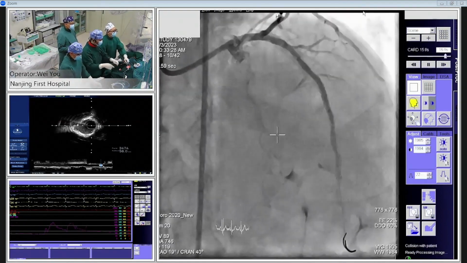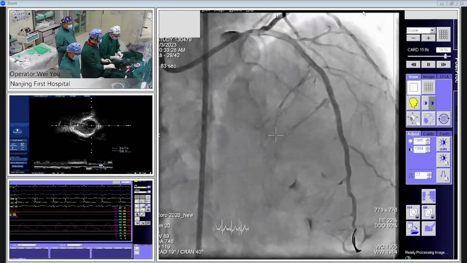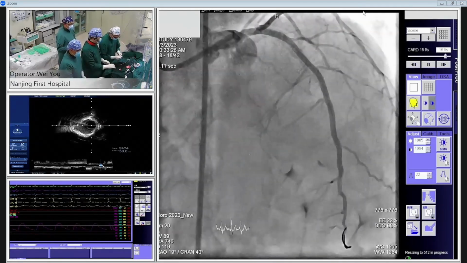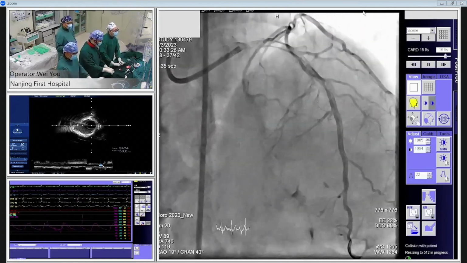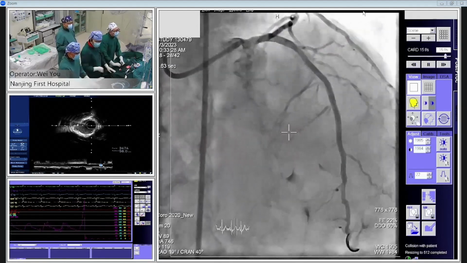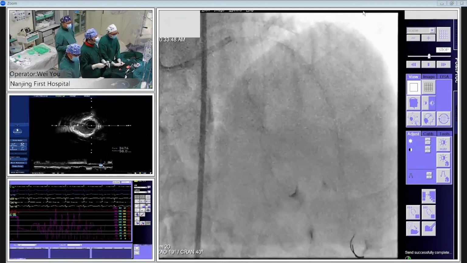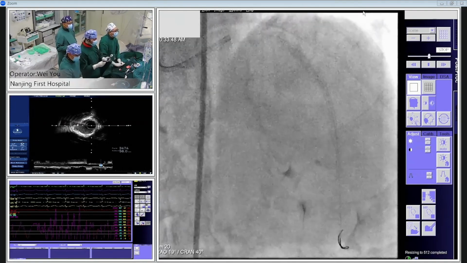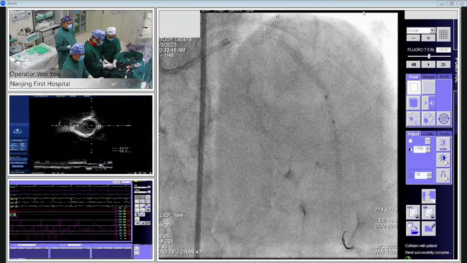Nice. Okay, now we have inserted the 3.0 NC balloon to post dilate the middle segment.